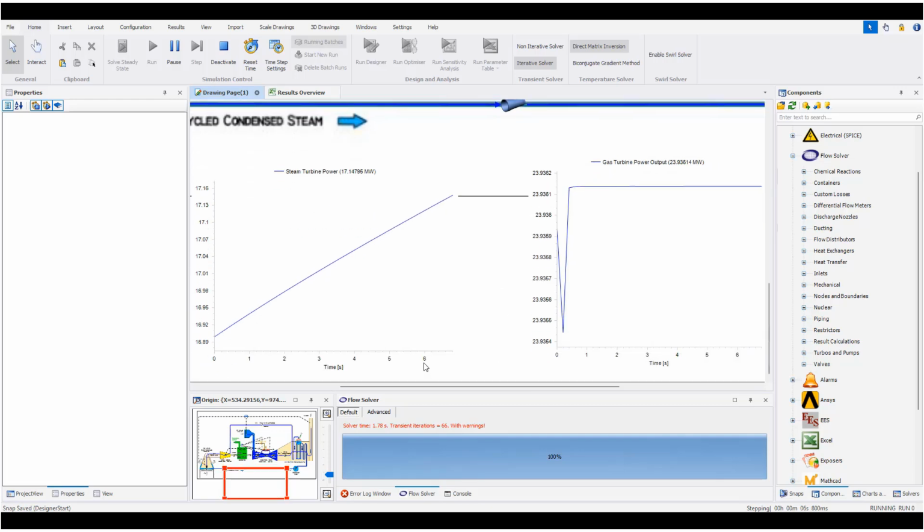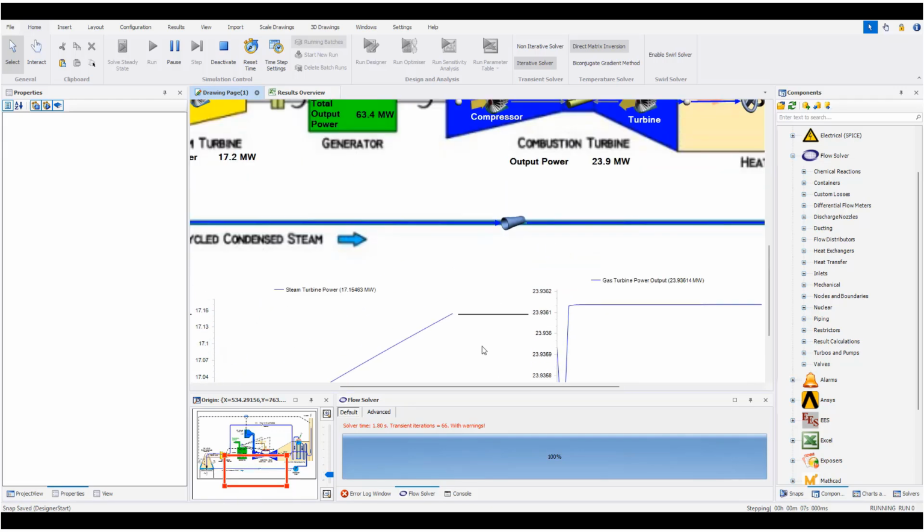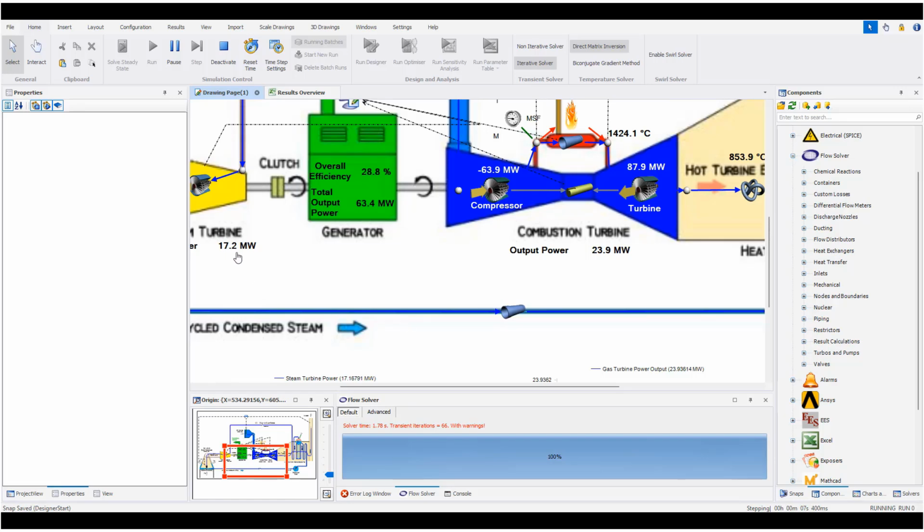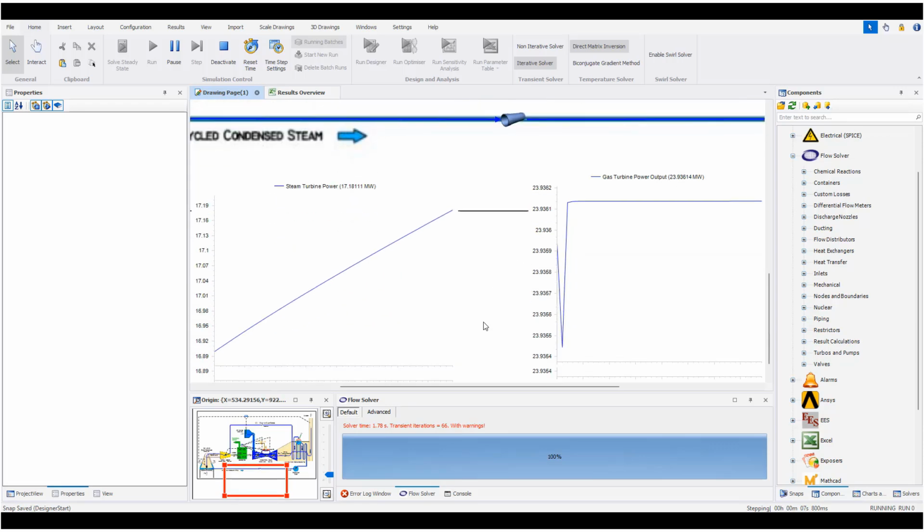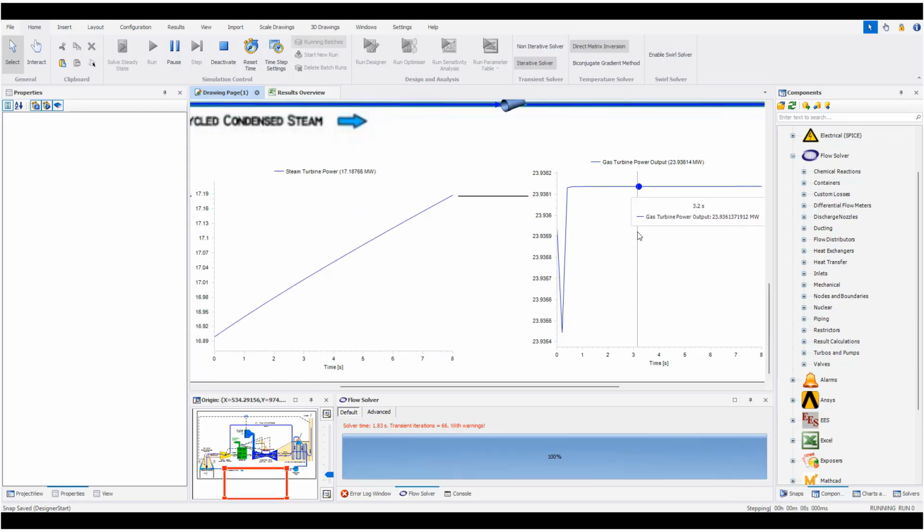Now we have 6 seconds, 7 seconds, 17.2 megawatts, and you see the output power for the gas turbine is almost constant, but the steam turbine is increasing. You can see that here.